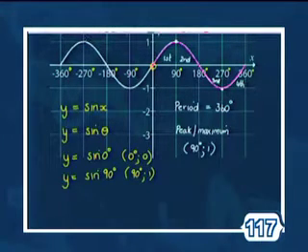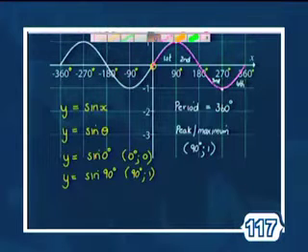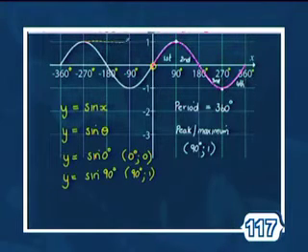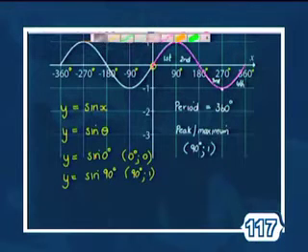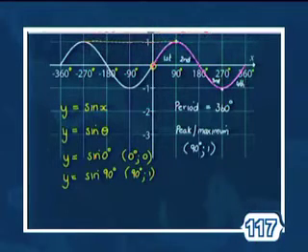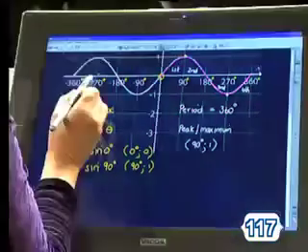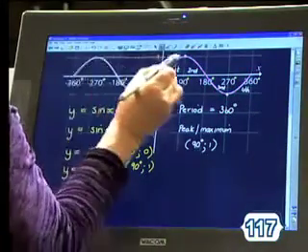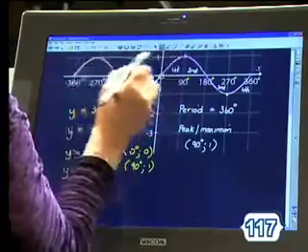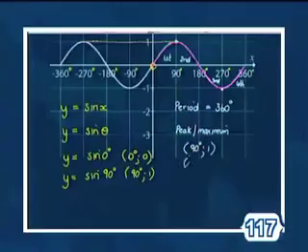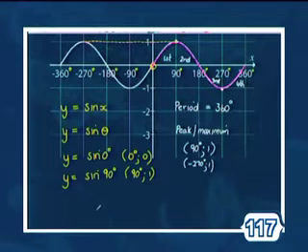And can you see that the distance between those 2 peaks is 360 degrees again? It's 90 to minus 270, so from peak to peak, it's a gap of 360 degrees. So again, we've got another peak in this particular picture at minus 270 and 1.